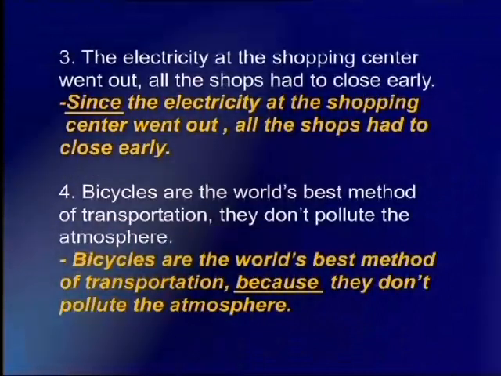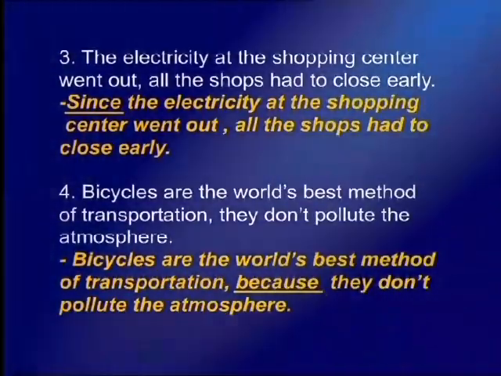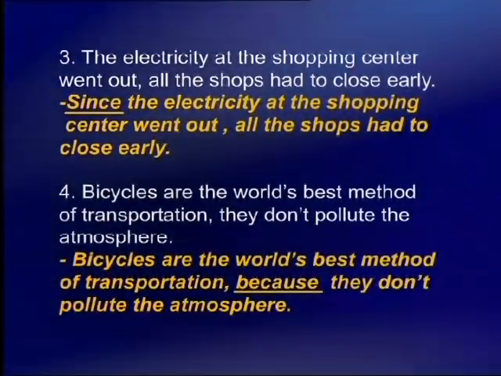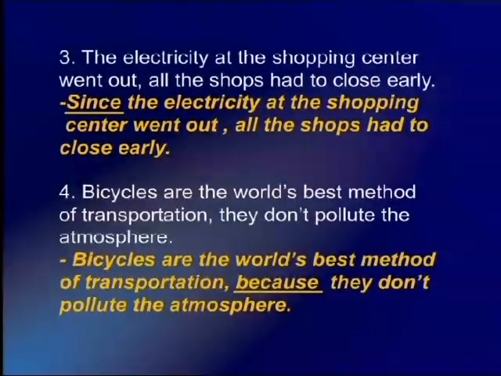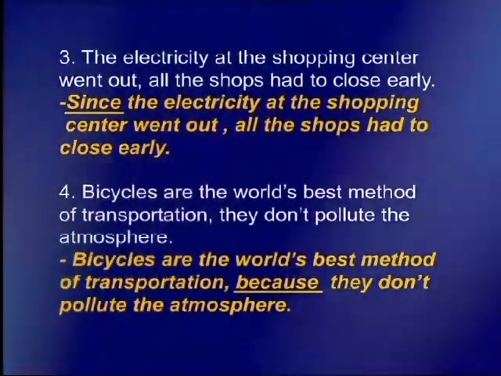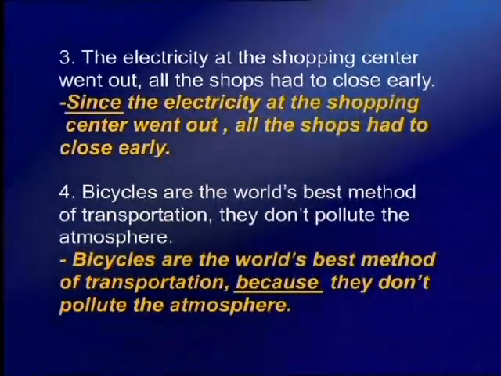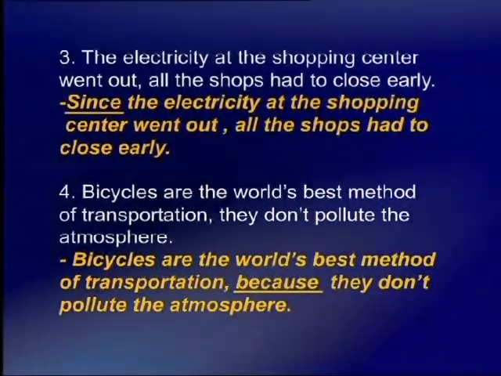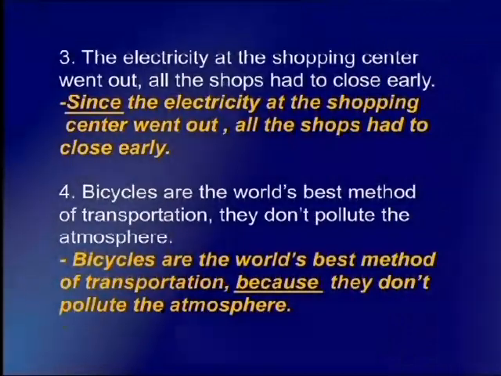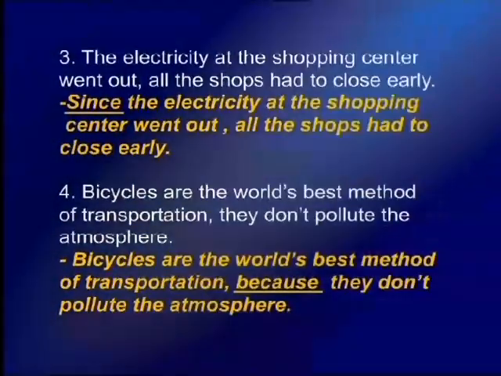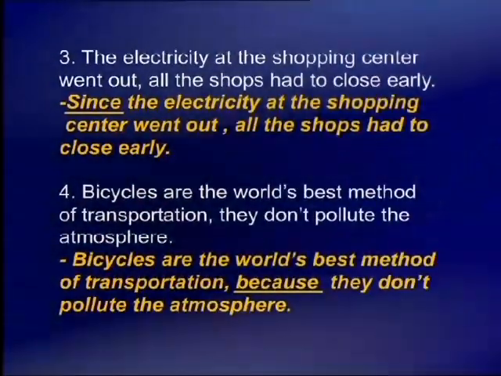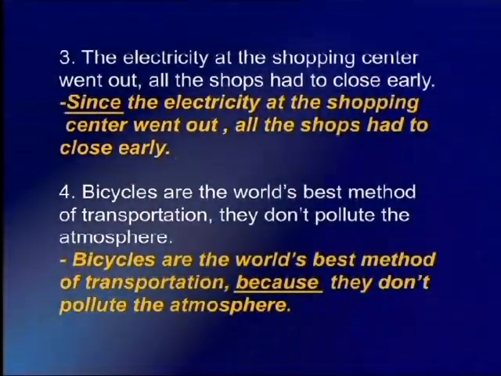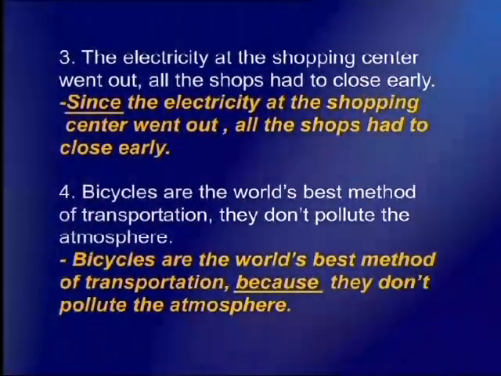Use the third rule, which was to make one of the independent thoughts subordinate. You can use the word since. Since the electricity at the shopping center went out, comma, all the shops had to close early.